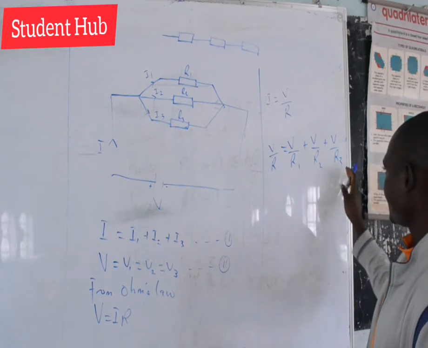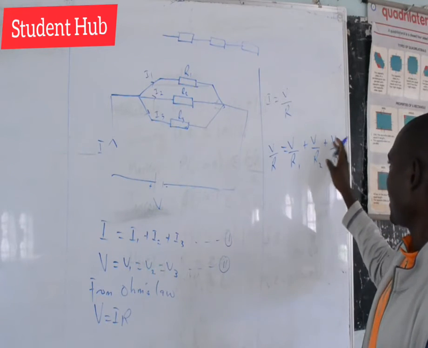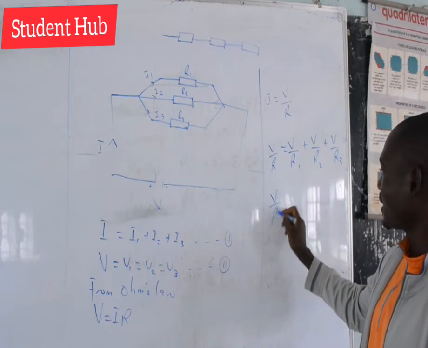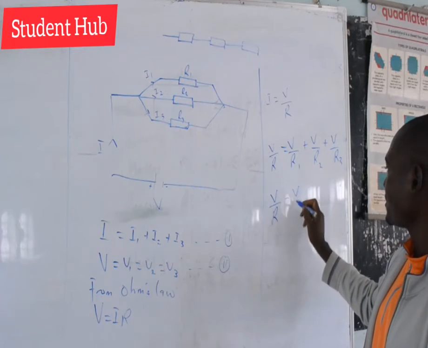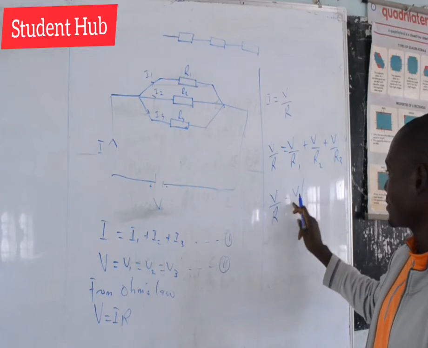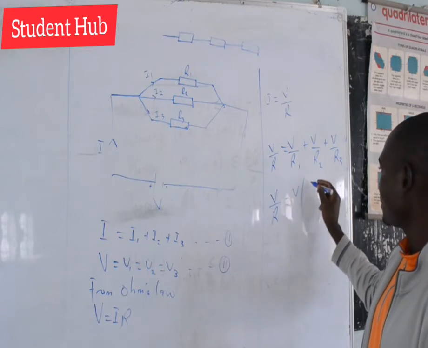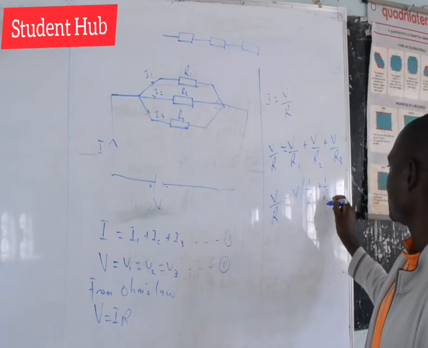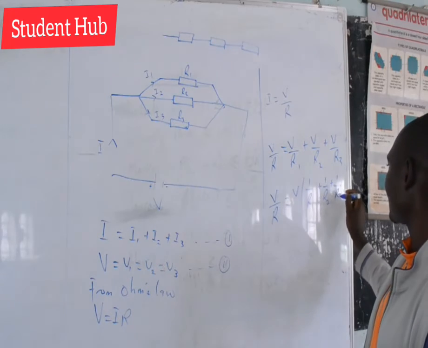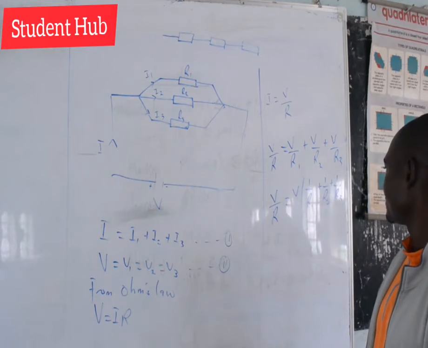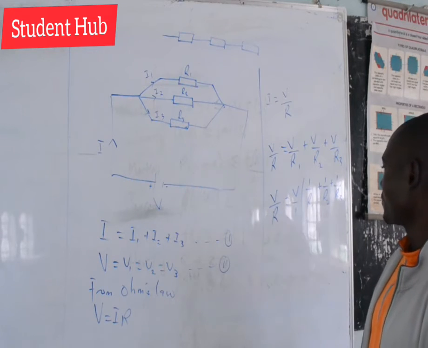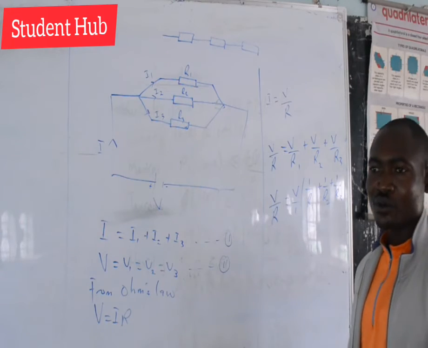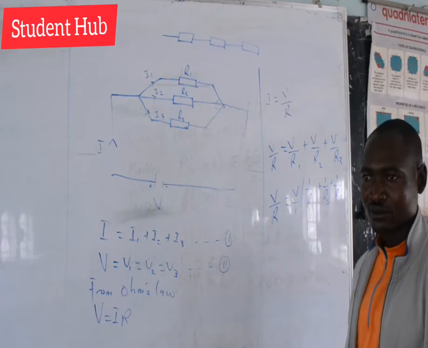But you see something here? Yes. V is common all through here. So we have V over R is equal to V, which we take out as a common factor, times 1 over R1 plus 1 over R2 plus 1 over R3. So this one is over 1. By seeing this, we can do cross division.